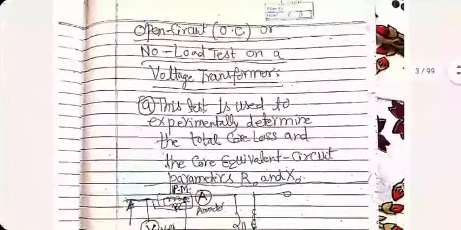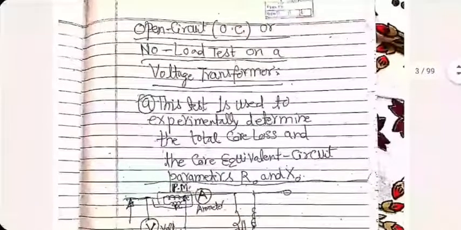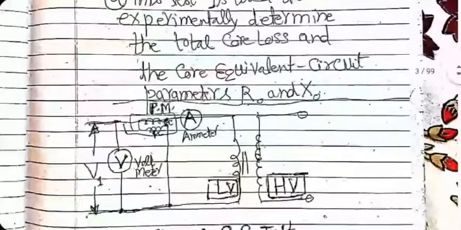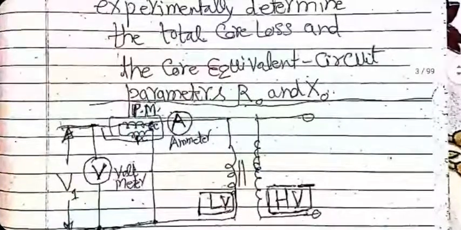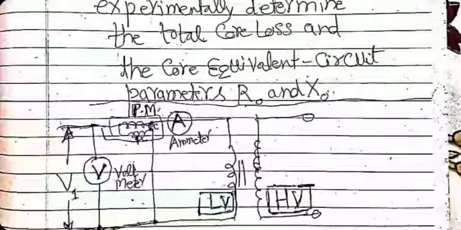So open circuit test essentially has this rough schematic. We don't want to talk about primary and secondary anymore. We talk about low voltage side and high voltage side, LV and HV. Invariably, HV side is left open in this test, and LV side is fed using, let's say, an AC voltage of value V1.